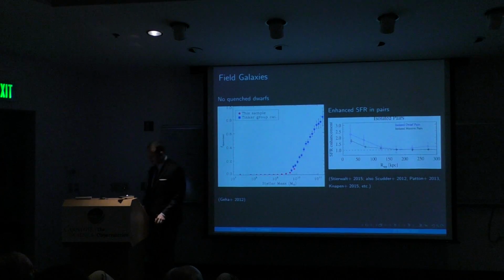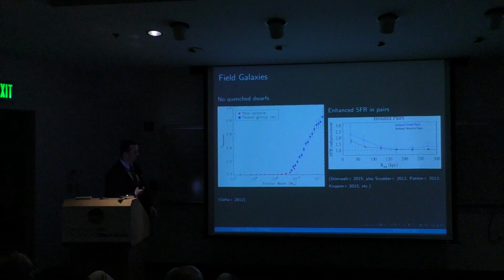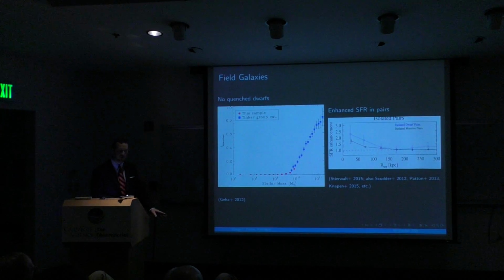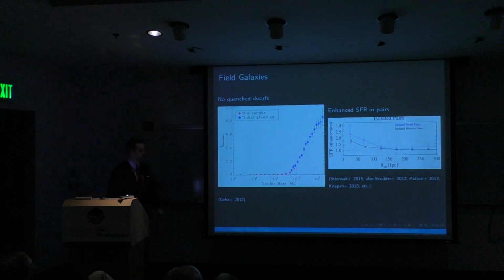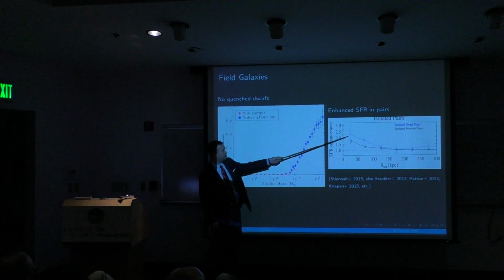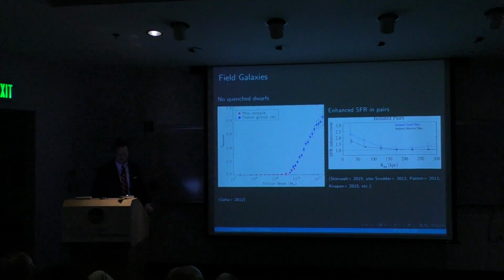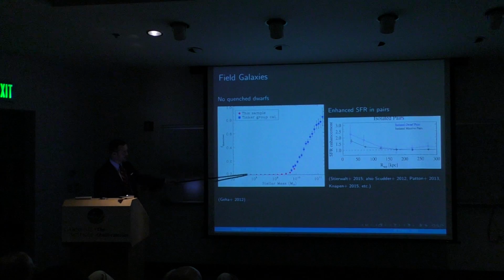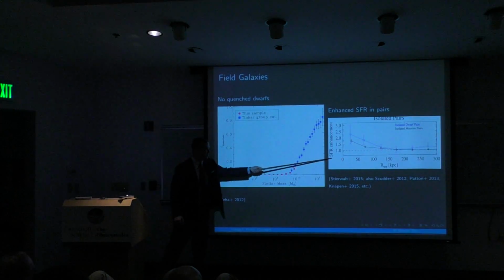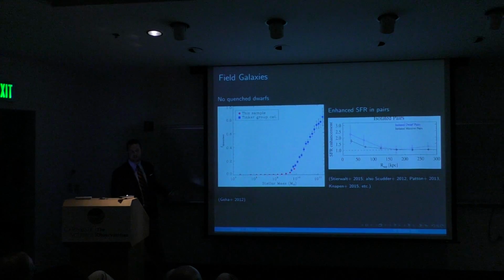So you can see that dwarf galaxies also form stars more efficiently or rapidly in interactions, or at least in pairs, similar to massive galaxies, and actually perhaps slightly more efficiently. It'd be nice to get some more dwarf galaxies and show that, but it's certainly consistent with the errors. So we have aspects that are similar to massive galaxies, and this is different from massive galaxies, whether you quench things or not.